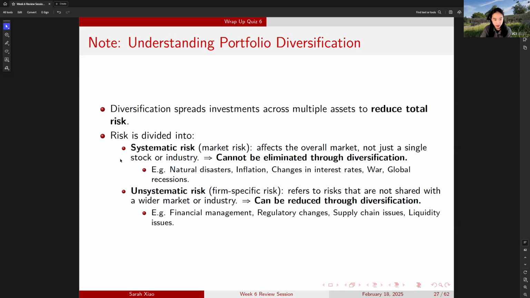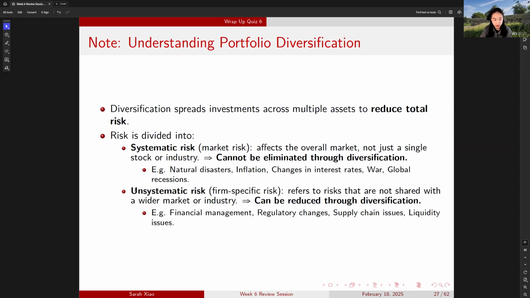First is the systematic risk. It is the risk that affects the overall market, not just a single stock or industry. Therefore, it cannot be eliminated through diversification. Examples are natural disasters, inflation, changes in interest rates, or global recessions.